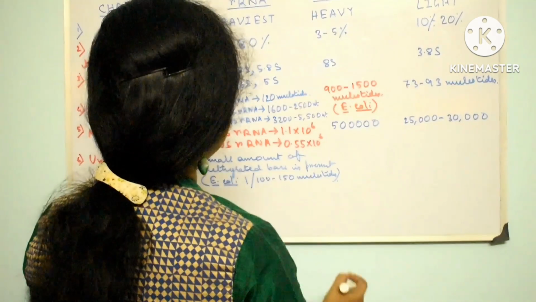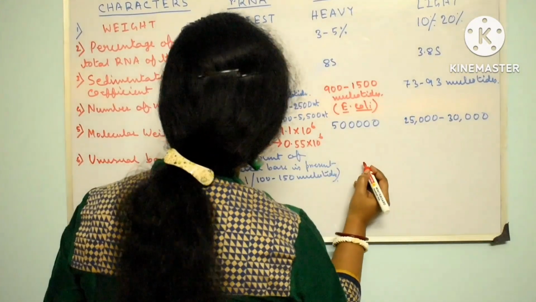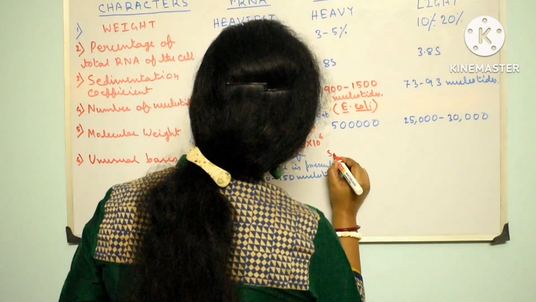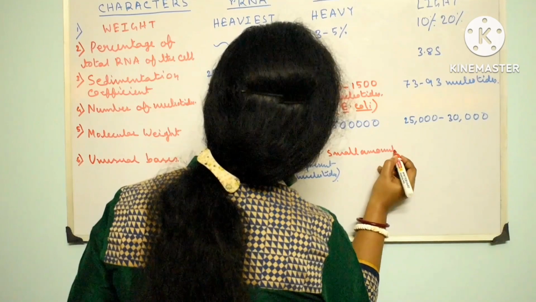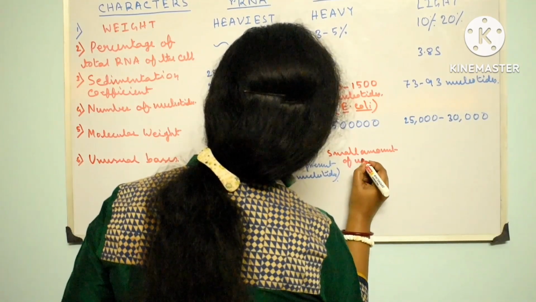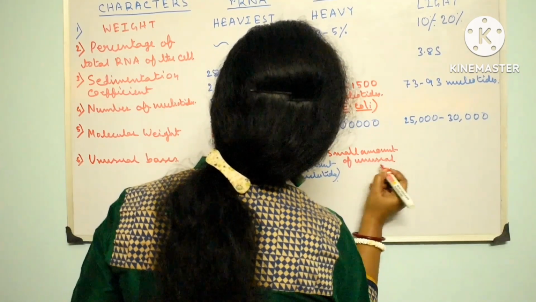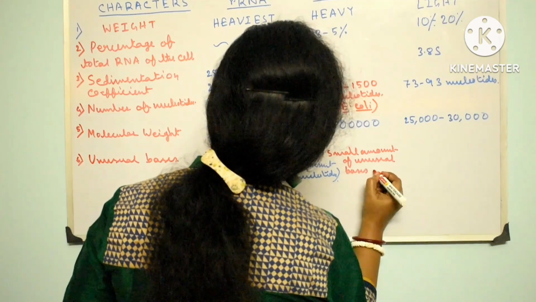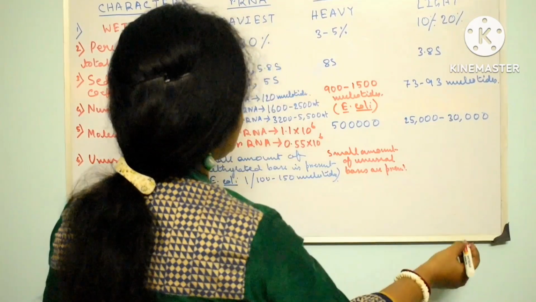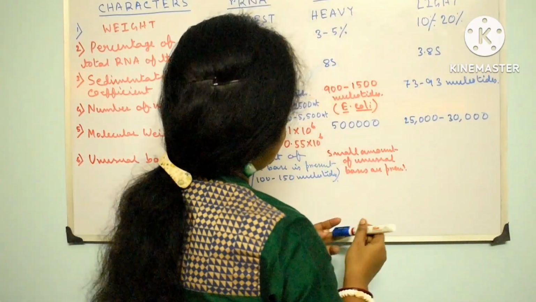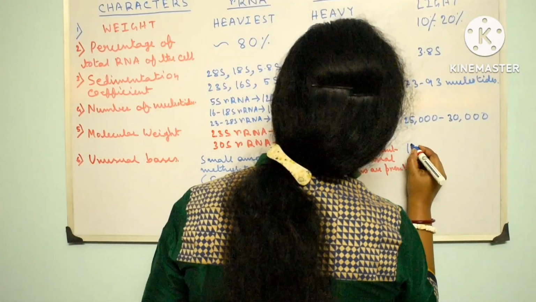Let's see the case in mRNA. A very small amount of unusual bases is present. And in case of tRNA, a high content of unusual bases is present.